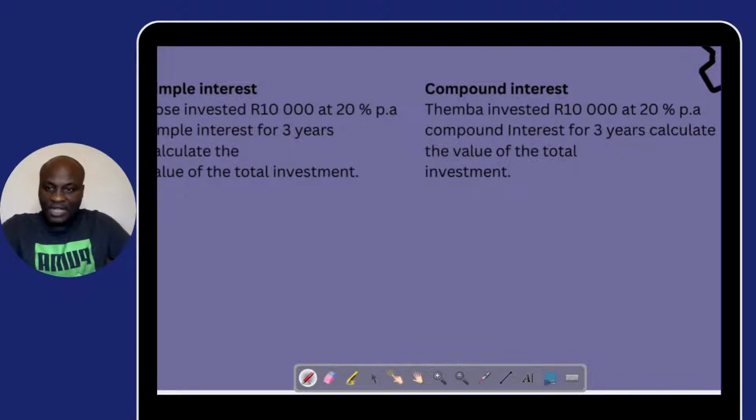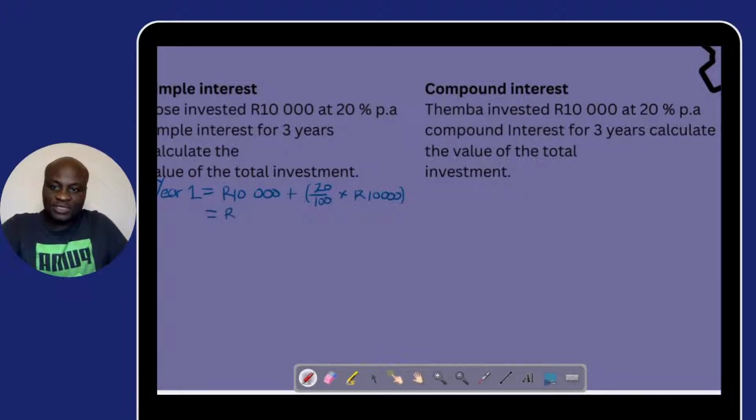Now, how do we go about it? As we have discussed before, interest is broken down into years. So the first one, simple interest, let's do year number one. We are going to say 10,000, which has been invested, plus the interest, which is 20 over 100 multiplied by 10,000.